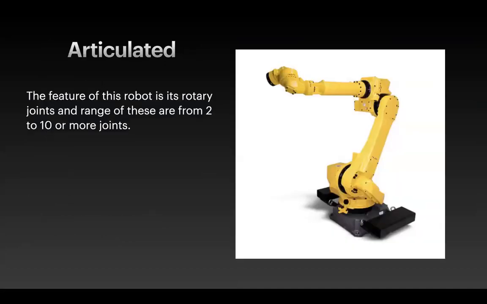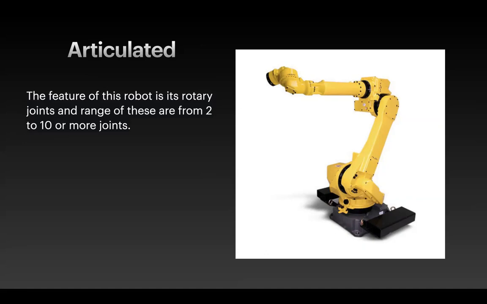So an articulated robot is actually a robo arm. An example for an articulated robot is a robo arm, which has rotating joints, rotary joints. The feature of this robot is its rotary joints, and they range from 2 to 10 or more joints.